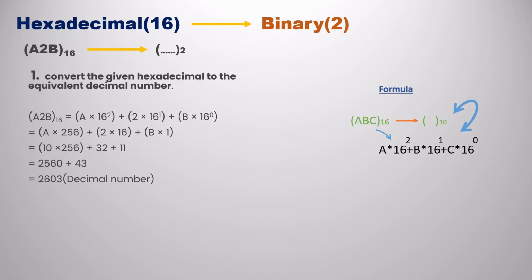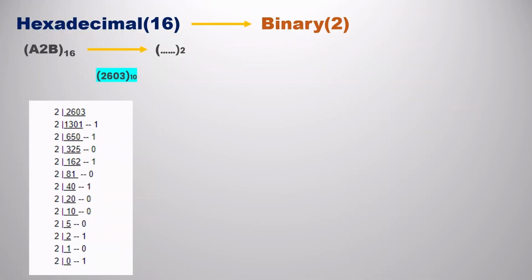Again we need to convert this decimal to binary. We can either use a simple format or the division process. But here it is a very large number, so we cannot use the shortcut method, because in the shortcut we have to write powers of 2 starting with 2 power 1, 2 power 2, and so on, and compare which of them sum to 2063. That is a very difficult process, so we follow the formula method, the division method, to get the decimal to binary equivalent.